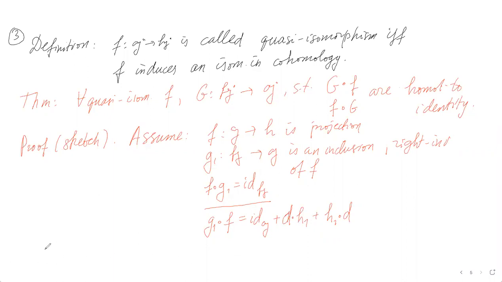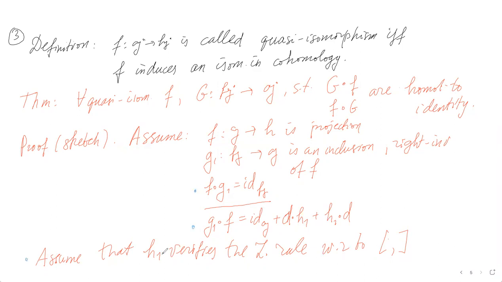And we also assume that H1 verifies the Leibniz rule with respect to the bracket in G. So these three conditions make the situation rather special, but in spite of being pretty special, this situation is rather general.